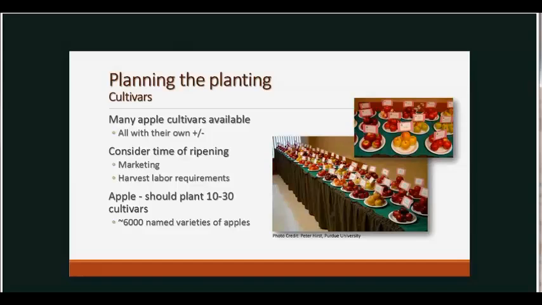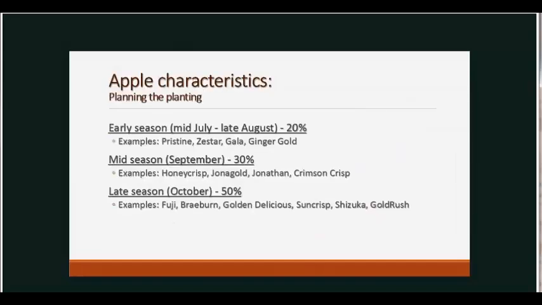There are about 6,000 named varieties in apples, and we definitely won't be talking about all of them today. I'm really going to talk about characteristics so that when you're looking for an apple, you can do a little bit of research to see if they have the characteristic that you want or one that maybe you don't want.